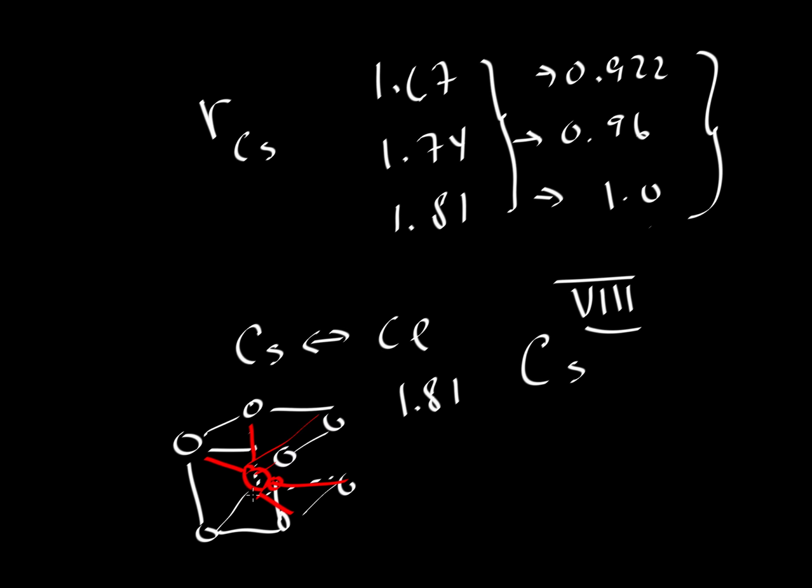There's a chlorine in the back that I forgot to draw, and 8. That would be our 8-fold coordination number for cesium. So sometimes even when there's uncertainty here, depending on the coordination number where the analysis for radius is being obtained, we might still converge on a useful answer that might help us predict the kind of structure.